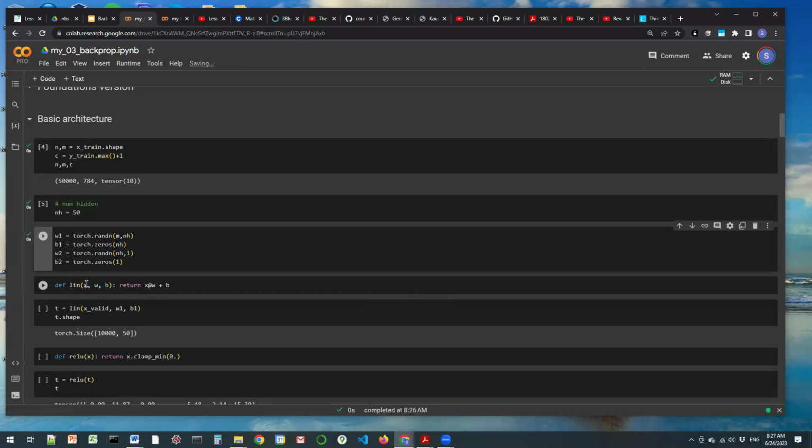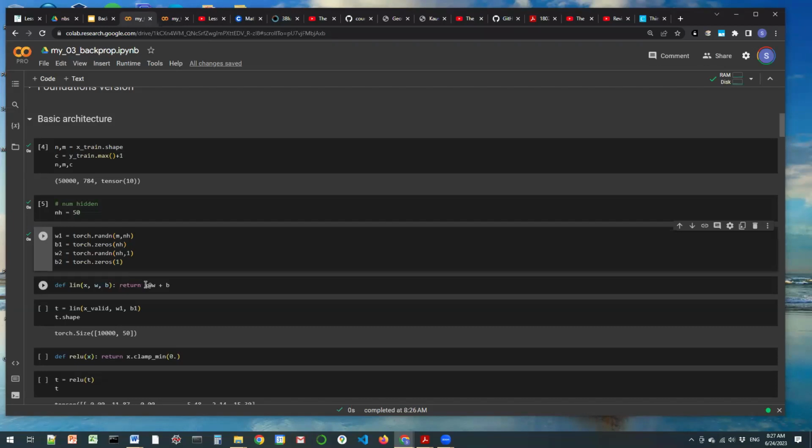Okay, what is a linear unit? So a linear neural network unit is basically something where we multiply the incoming input. In this case, recall that the first layer has 50,000 by 784, 50,000 rows of 784 columns, and we multiply it by a weight matrix.